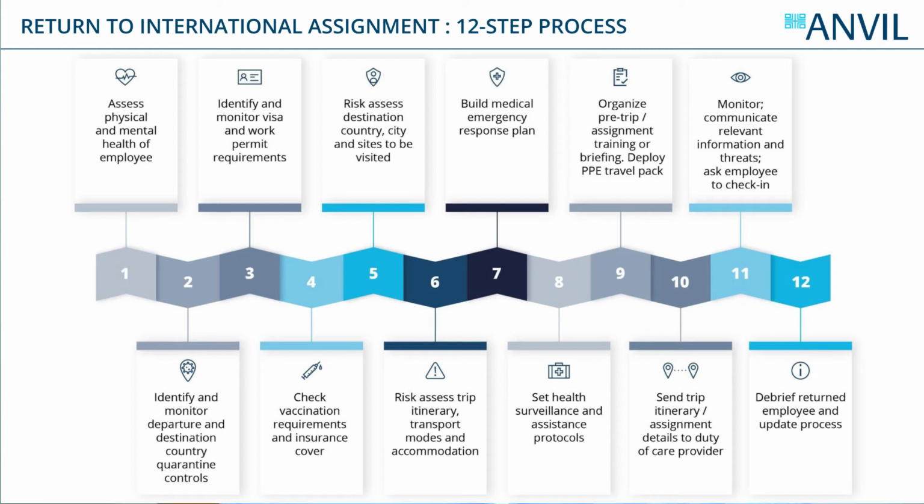And all of that leads into conducting risk assessments on the destination countries and cities to be visited. A lot of people tend to look at these risk assessments on a country as a whole, but it does sometimes need to come down to individual cities, because different cities, even for example across China, will have different controls in place.